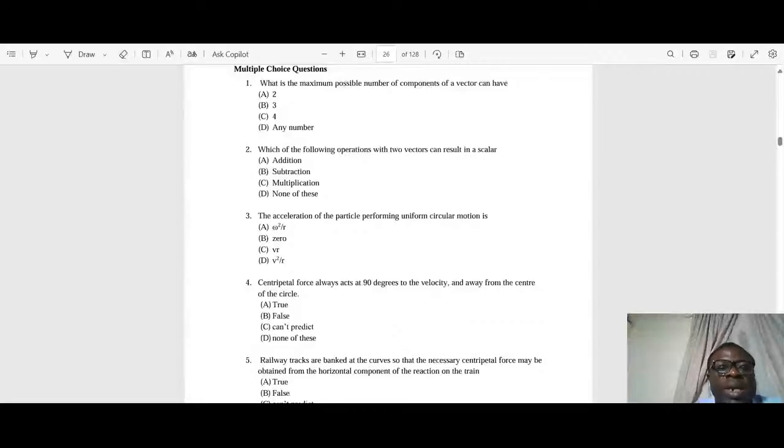I repeat the question again. Which of the following operations with two vectors can result in a scalar? A, addition. B, subtraction. C, multiplication. D, none of this. I need your answers.